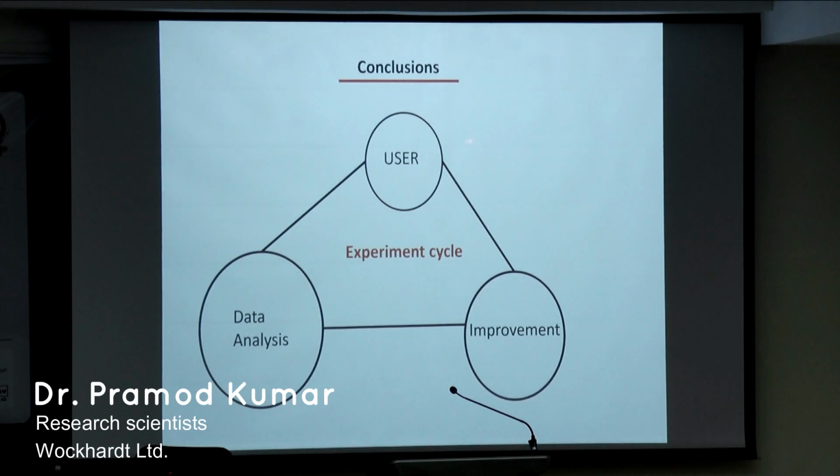And once the experiment has been executed, the data analysis is a very critical part that facilitates you to improve or inculcate new parameters to optimize what is needed and what is expected. And you incorporate them in the improvement cycle, and then the cycle continues until you have scientifically accepted data.